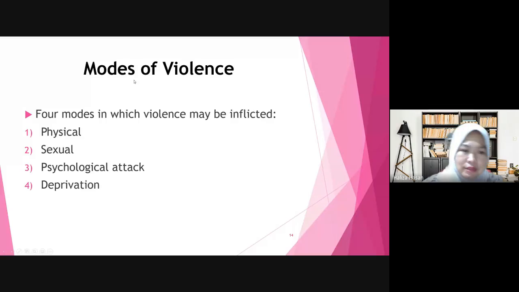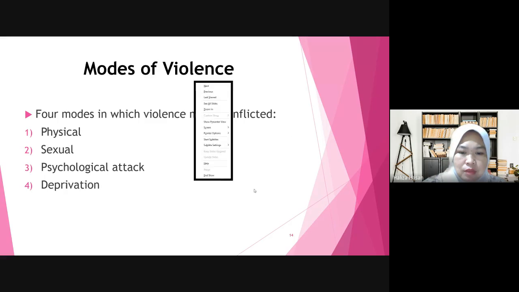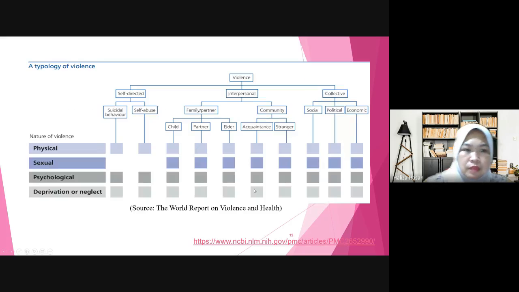Modes of violence. There are four modes of violence that you have to remember. One, physical. Then sexual, psychological attack, and deprivation. Typology of violence: we have three types, self-directed, interpersonal, and collective.